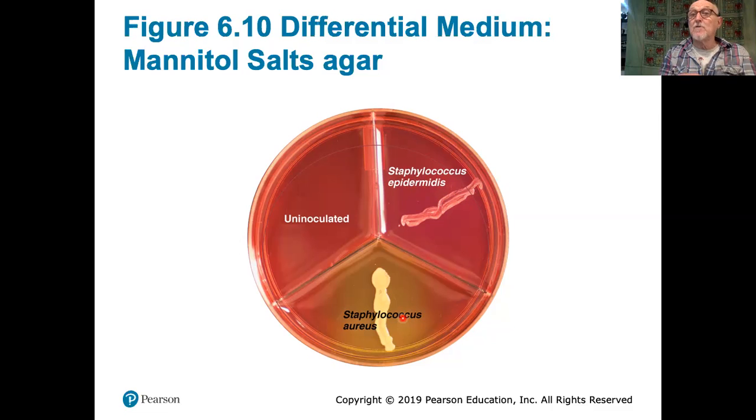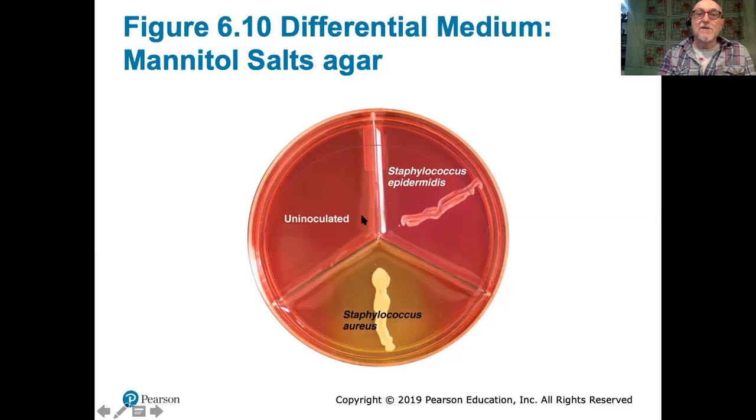Staphylococcus grows commonly on the skin, and it is subject to our sweat. And it is adapted to a high salt environment. That is why it grows very well on the salt medium. But you notice something else. And that is that this Staphylococcus epidermidis, it is red. This Staphylococcus aureus is yellow.